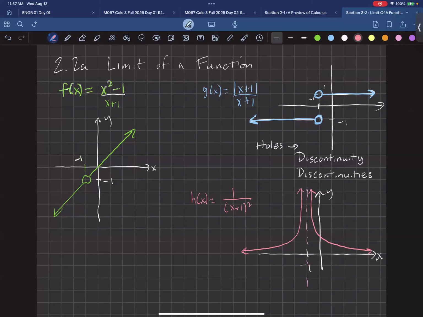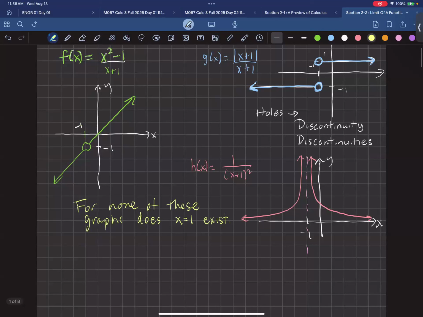So it's worth pointing out, for none of these three graphs does f of -1 exist. There's a hole there. There's no value there. DNE is an abbreviation for does not exist. This is standard. You'll see this a lot.